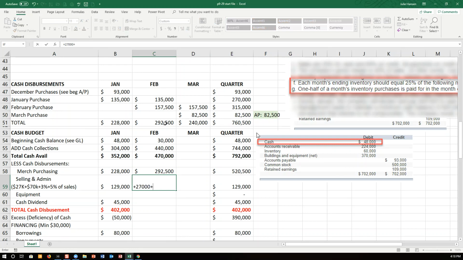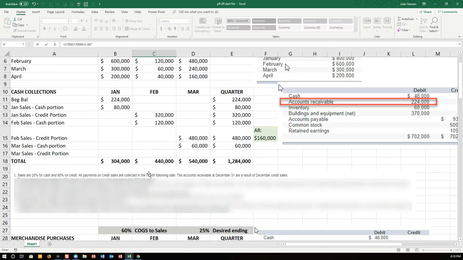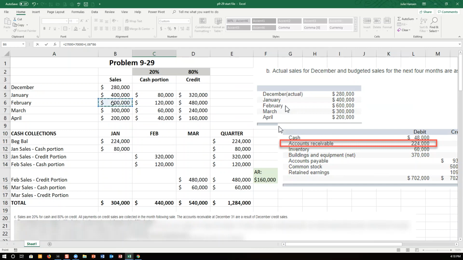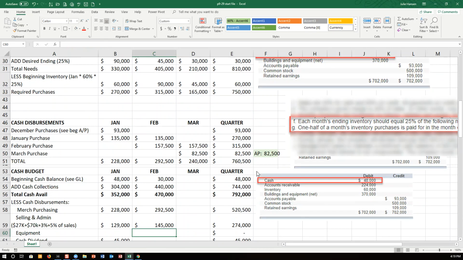Those were both the fixed portions, plus I'm going to add 0.8% and multiply that times the amount of my sales in February, which if I come back up here, February's would be here. Close my parenthesis, and I come up with $145,000.